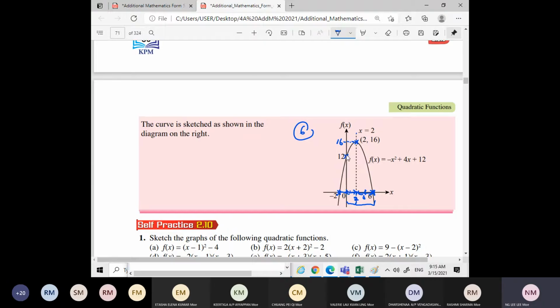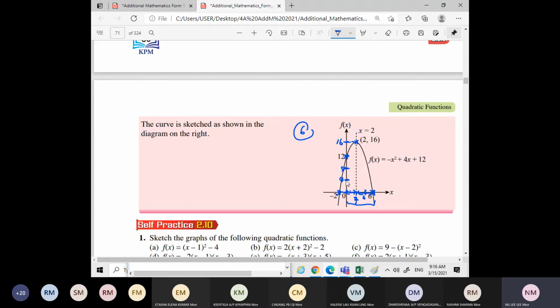Same thing as here. If this is by 4, I can use by 4. So it's 4, 8, 12, 16. Maybe here you are using one line: one line is 4, one line is 8, the other line is 12, the other line is 16. Uniform scale.